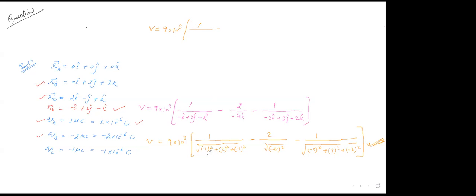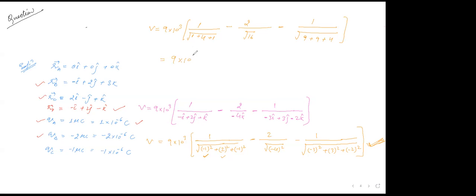Now, can you tell me after squaring minus 1, after squaring, you get 1 plus 2 square is 4 and 1 minus 1 square is 1. Okay, in bracket. Similarly, minus of 2 over minus 4 square is root of 16 and minus of 1 over, you can write in bracket again, one more step. Minus 3 square is 9 plus 9 plus 4.